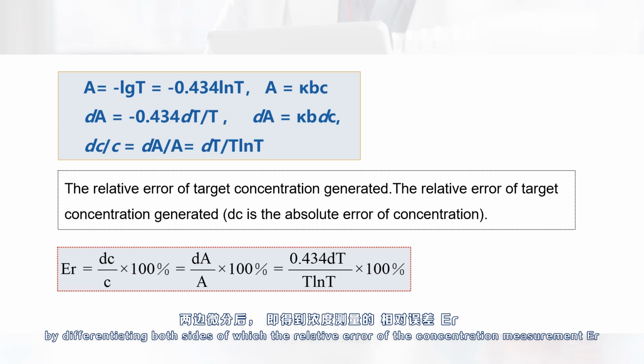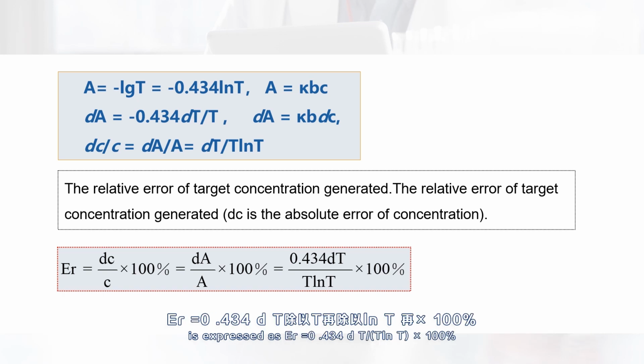By differentiating both sides of which the relative error of the concentration measurement error is expressed as error equals 0.434 dT divided by T ln T multiplies 100%.